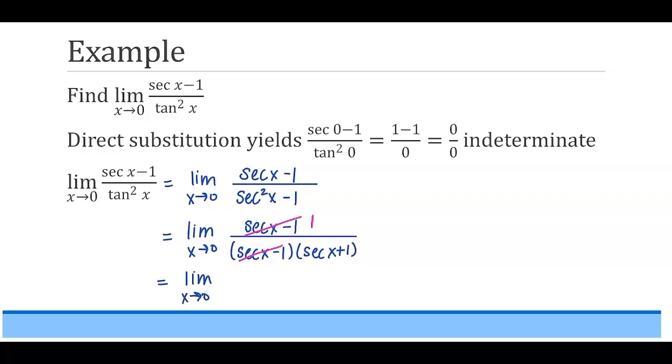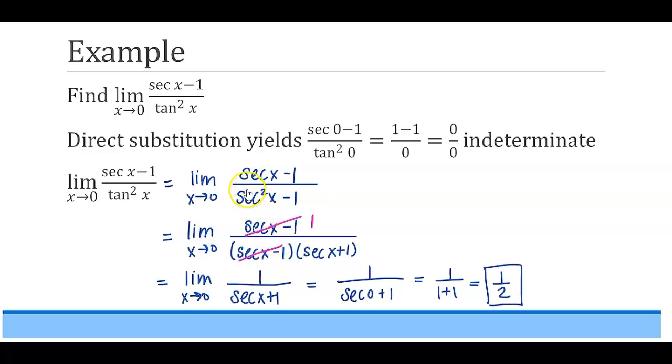So the limit as x approaches 0 of 1 over secant x plus 1. And now after I've canceled, I want to try that direct substitution. So 1 over secant 0 plus 1. Well, secant of 0 is 1, so I have 1 over 1 plus 1, or 1/2.